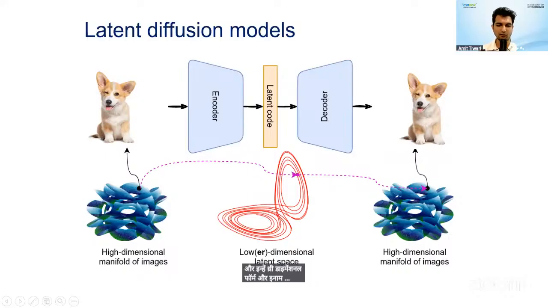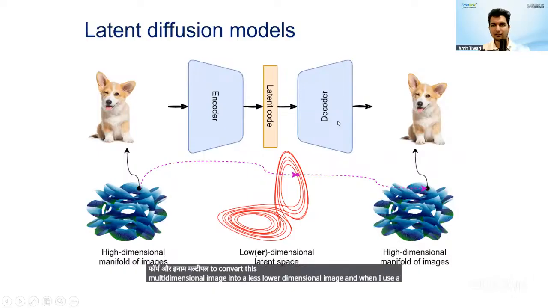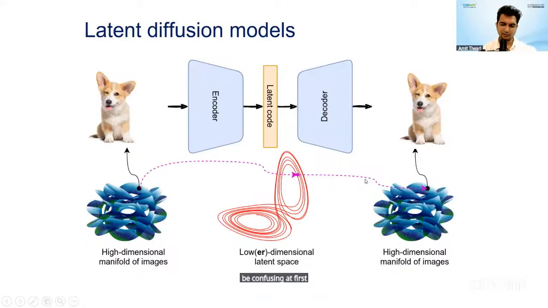If we're talking about vectors, then it is multi-dimensional. I use an encoder to convert this multi-dimensional image into a lower dimensional image. And then I use a decoder again to convert this image from the lower dimensional image back to a higher dimensional image.